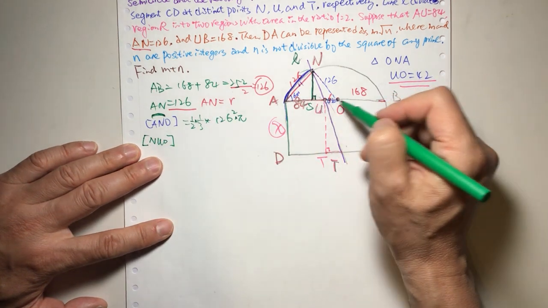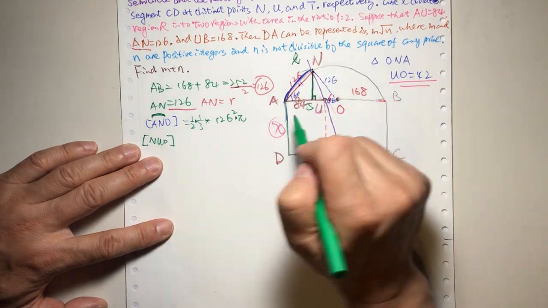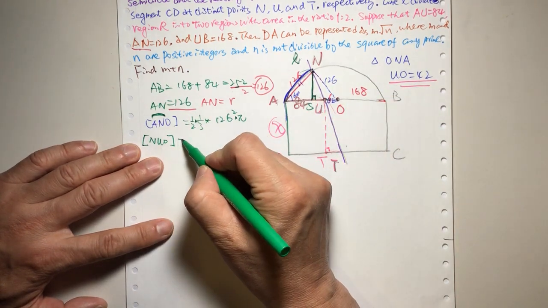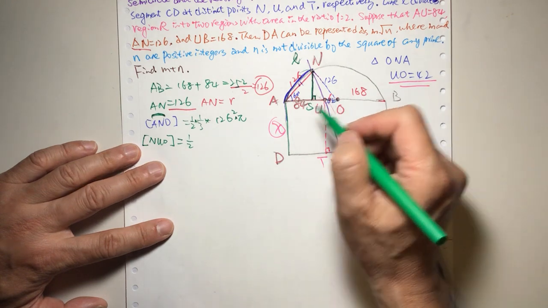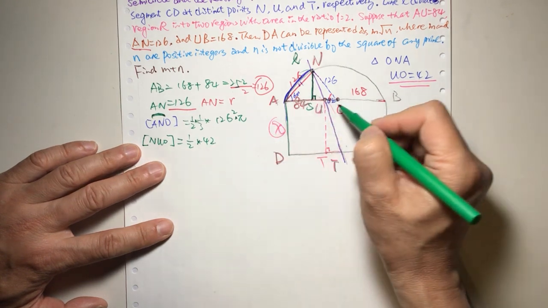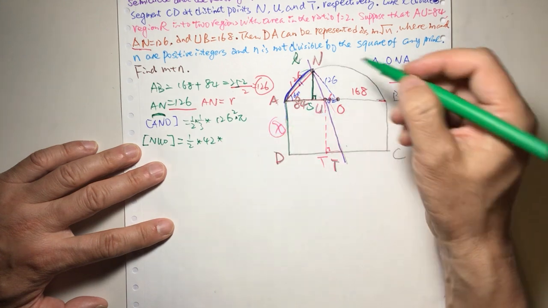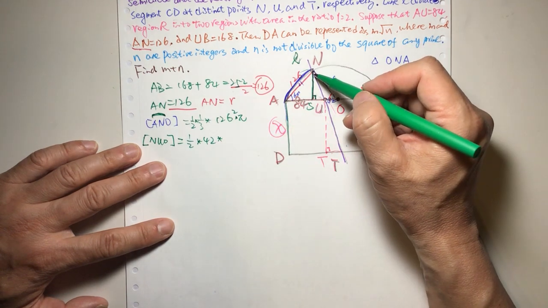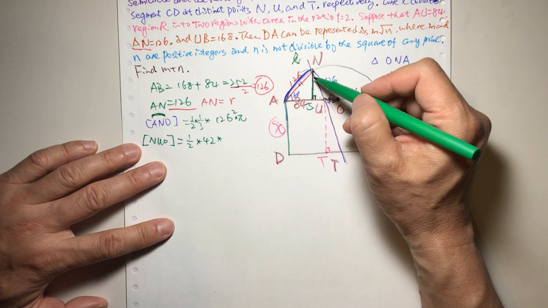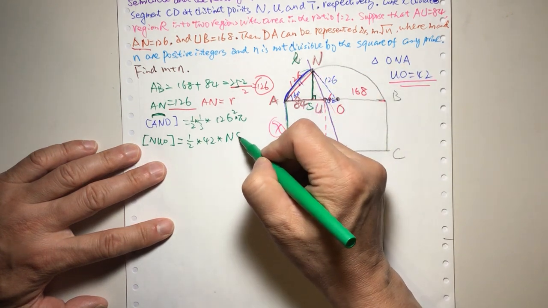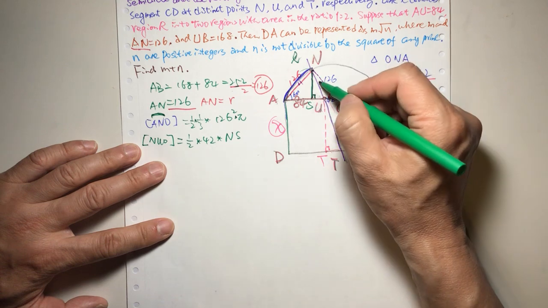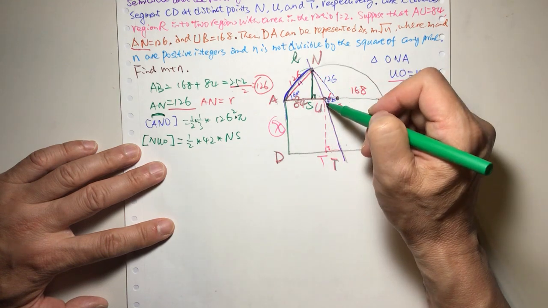If we can get this one, we just subtract it. So 1/2 times UO, which is 42, times NS, the height of triangle NOU.